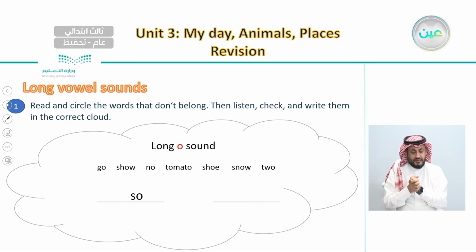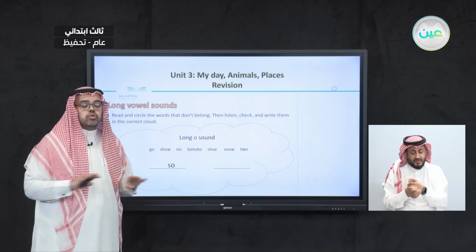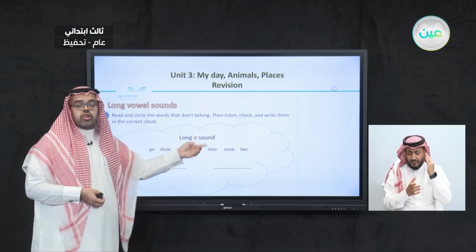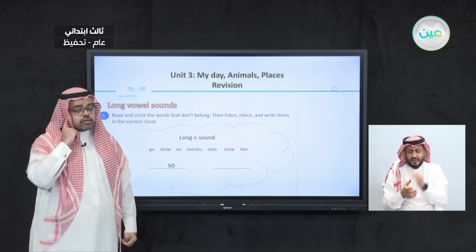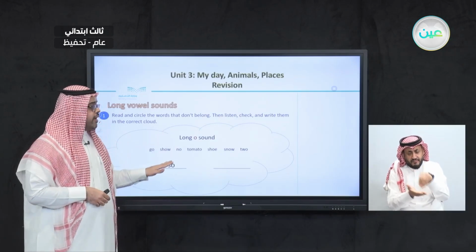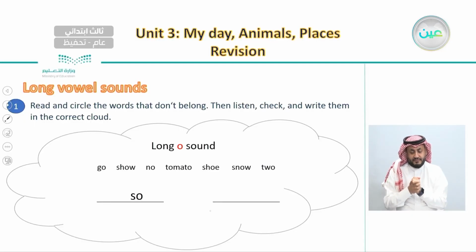We brought so from another cloud to this cloud that is called the long O sound. So we circle the words that do not belong, then we listen to all these words and check if any of them do not belong to this cloud. And then we write them in the correct cloud. It is important: we have 5 clouds, and each of these clouds has its own sound.